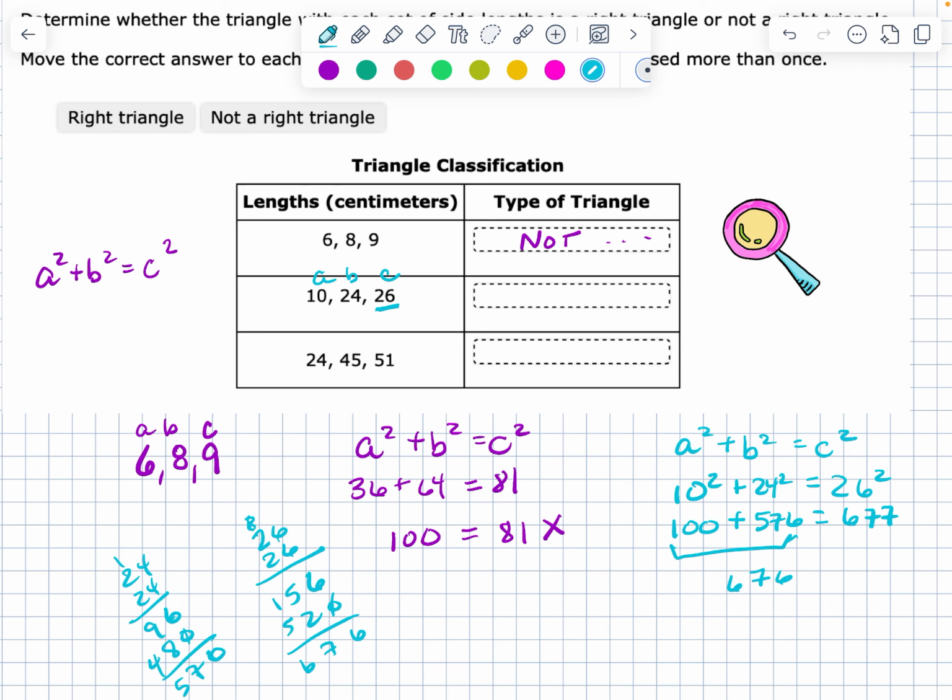I wrote 7, but that should be a 6. So this is true. So that means this is a right triangle, yes.